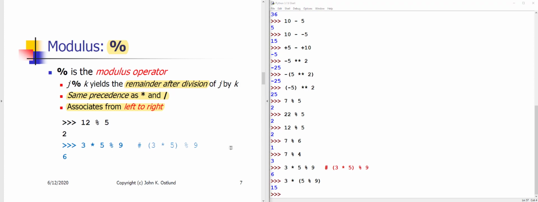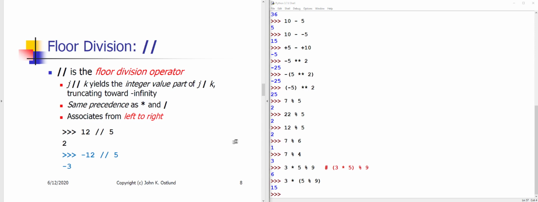The fourth operator that's on that same level of precedence as the multiplication and division and modulus is something called floor division, which is 2 slash characters. What this does is to give you back the integer value of dividing j by k, where j is the operand on the left side. All right, so whereas modulus gives the remainder, floor division gives you the whole part of the division.